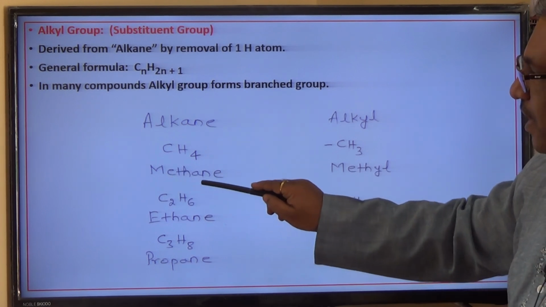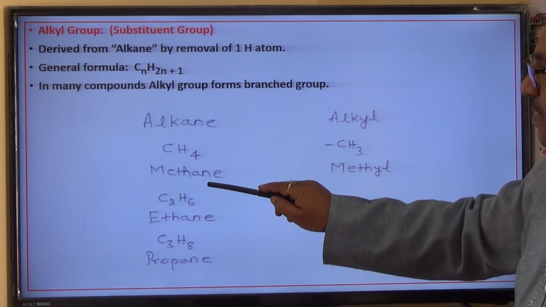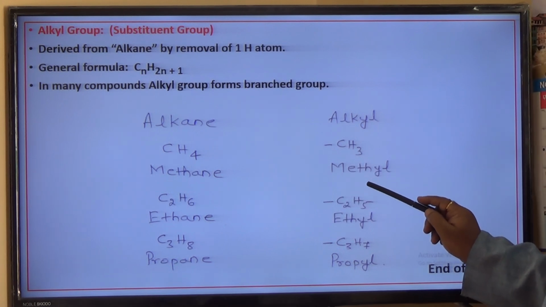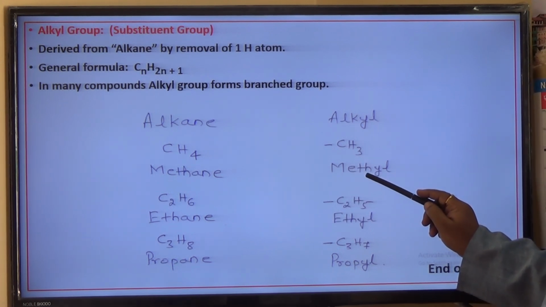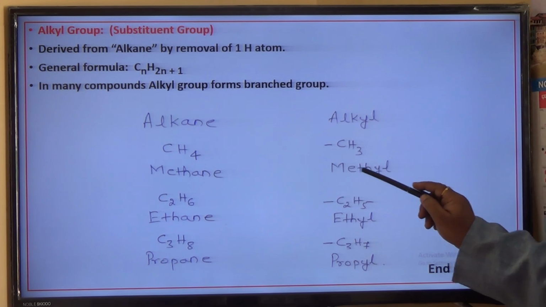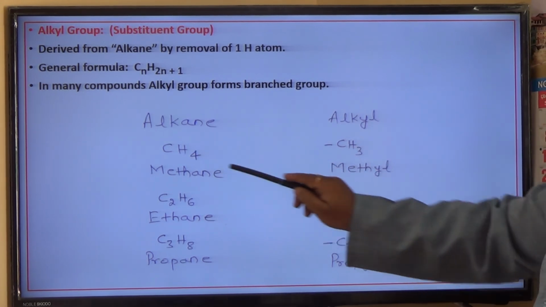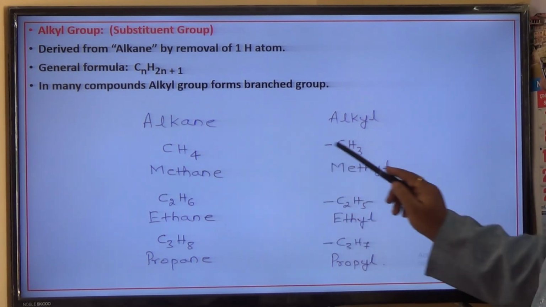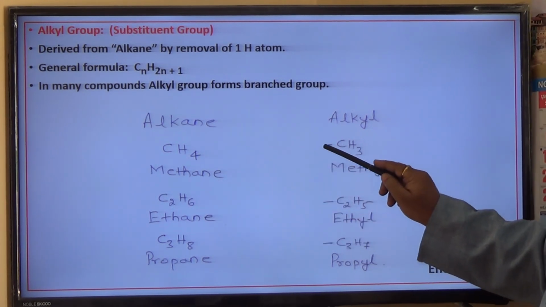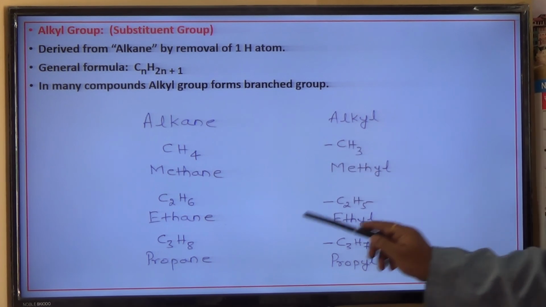Methane, whereas here it is methyl. The root word meth is kept as it is, yl is added: methyl. So methane, methyl. CH4, CH3: remove one hydrogen, it becomes CH3 with a bond, methyl.